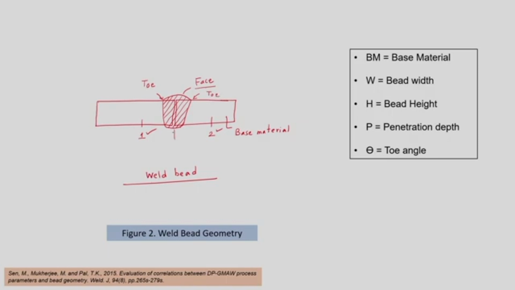The bottom portion of the weld is called the weld root, and the weld root has a certain width, which is called the root opening.